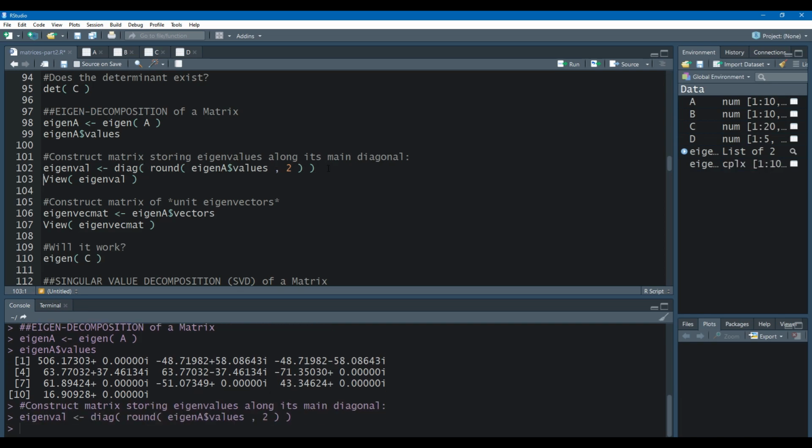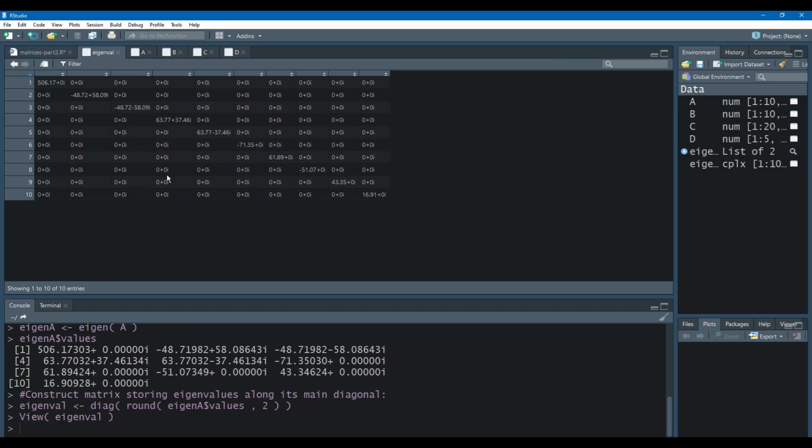Running it and viewing it, here we have our eigenvalues rounded to 2 decimal places lying along the main diagonal of this matrix. This was done using the diag function in R.